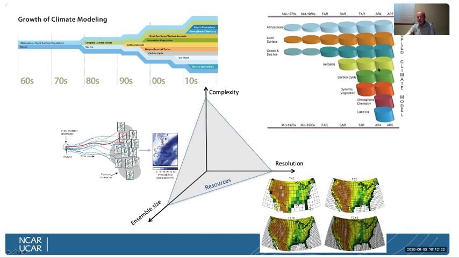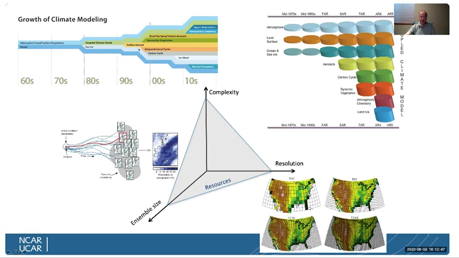The top two panels show the evolution of the coupled models. Starting in the mid-60s or so, when people talked about coupled models, it was primarily AGCMs, right? It wasn't even coupled. Then they started to add an active ocean model, and it was just a two-component system, and that was called the coupled system in essence.